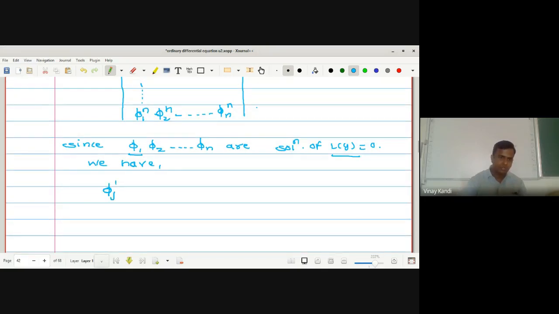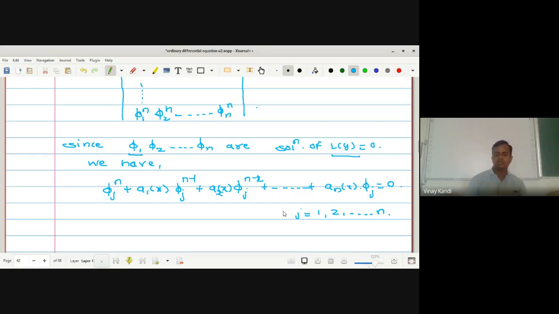So in general, I can write phi j raised to n plus a1 of x phi j raised to n minus 1, a2 of x phi j raised to n minus 2, up to an of x into phi j, which is equal to 0, where j is running from 1 up to n.